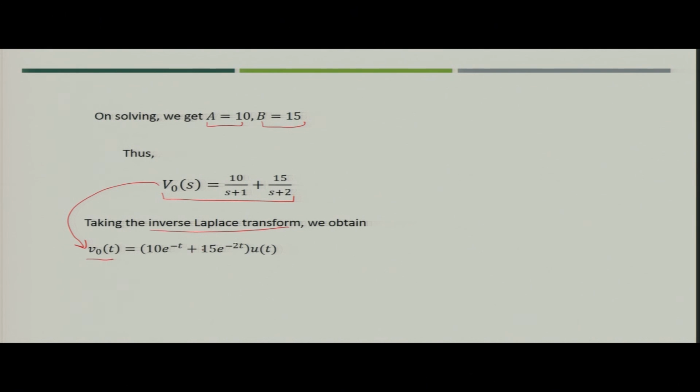You will get V naught t is nothing but 10 into e to the power minus t plus 15 into e to the power minus 2t, and then you multiply by the unit step function to represent that this is valid for time t greater than 0.